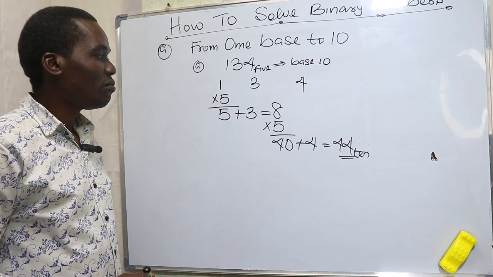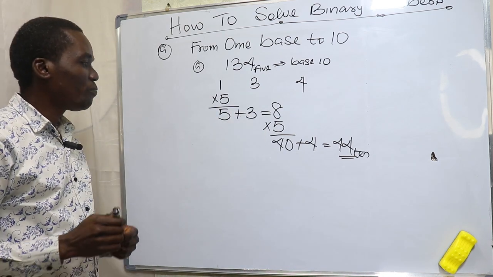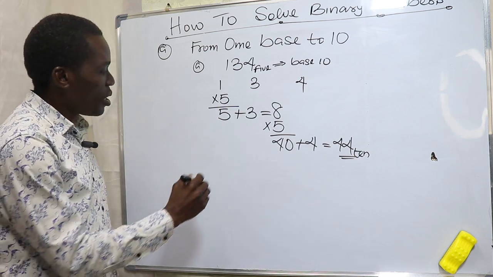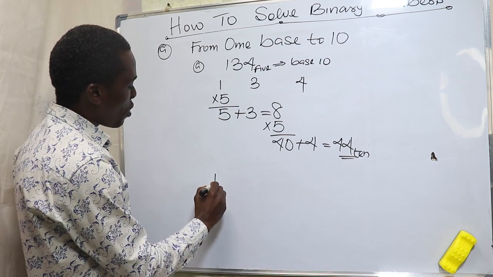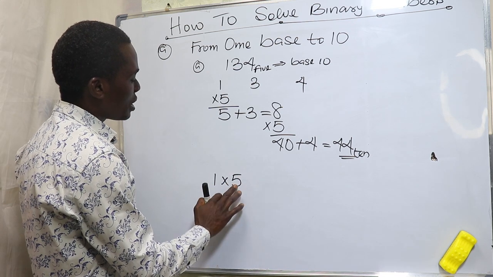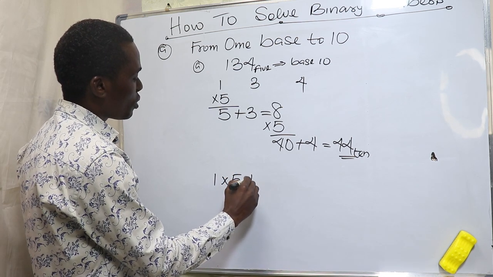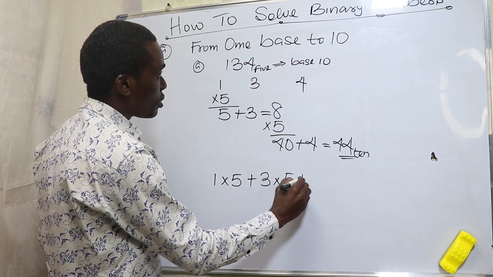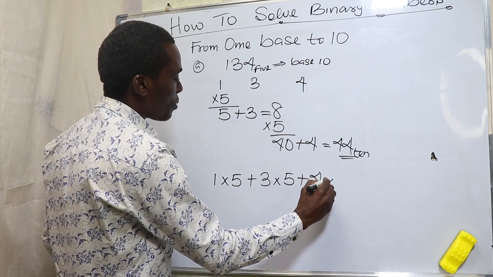Now we will try it using the other method. Remember that you first put it in the place value. We will carry 1 times 5, plus 3 times 5, plus 4 times 5.